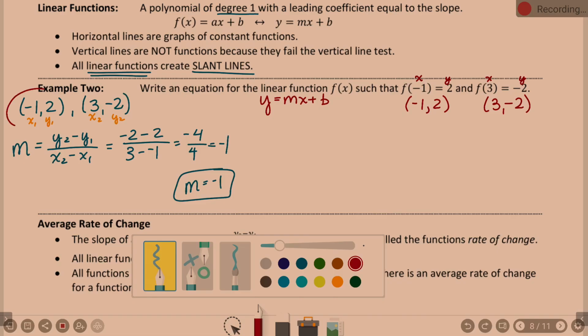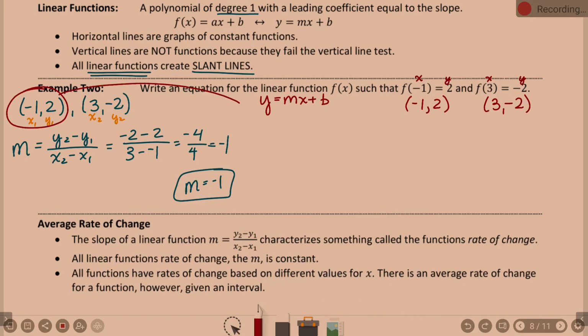Technically, does it matter? It does not. So if I use negative 1 and 2, 2 equals m times x, so negative 1 times negative 1, plus b. There's another way I taught this last year using point-slope form, y minus y1 equals m times x minus x1. I'm not going to worry about that right now.